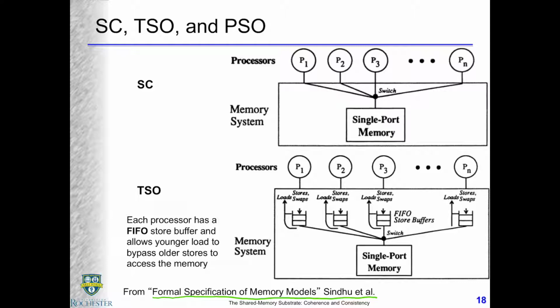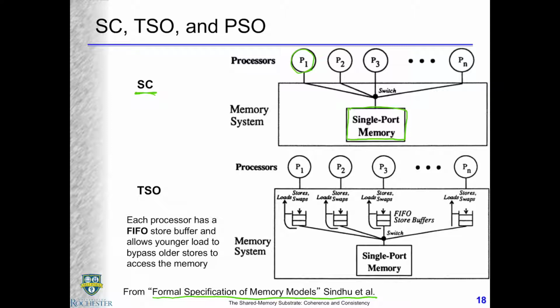So if you consider sequential consistency, we had this model early on. You have a single ported memory, and at any time, one processor is issuing a request to it, and within one processor, memory transactions are carried out according to program order. At least that's the behavior model of sequential consistency.